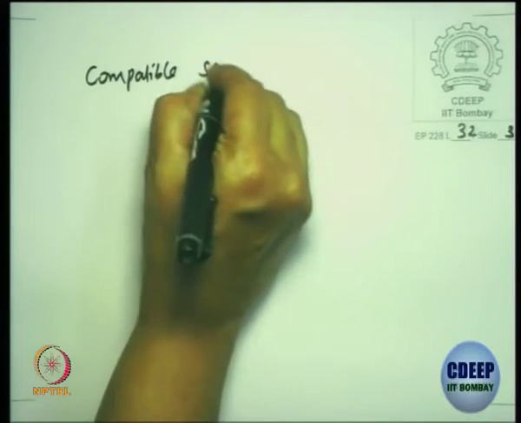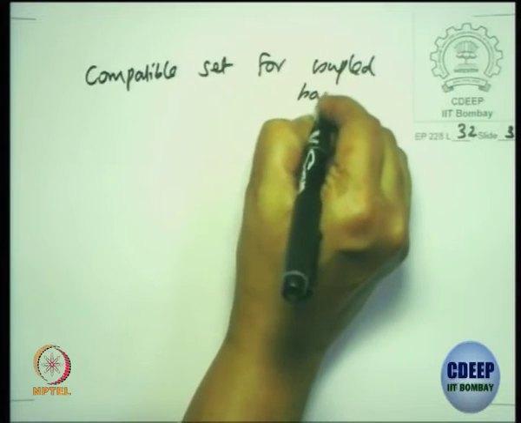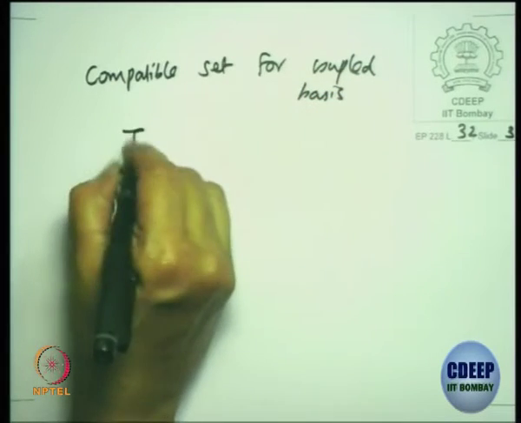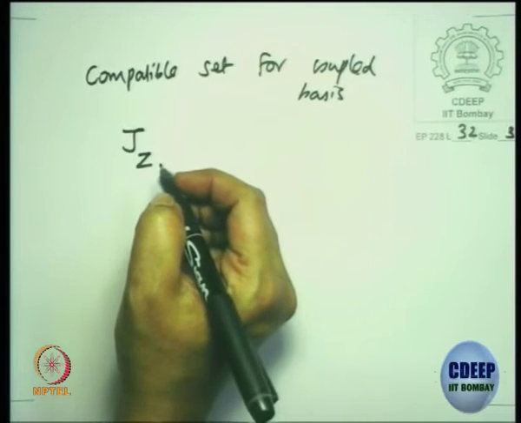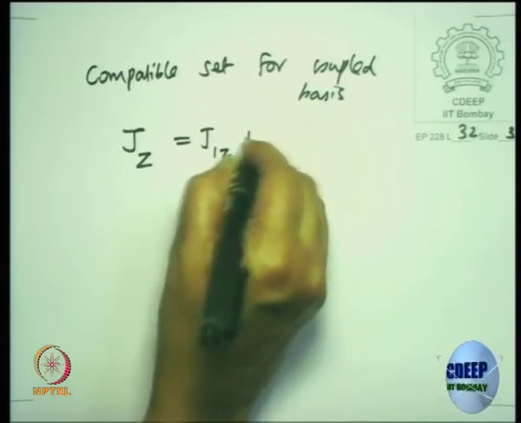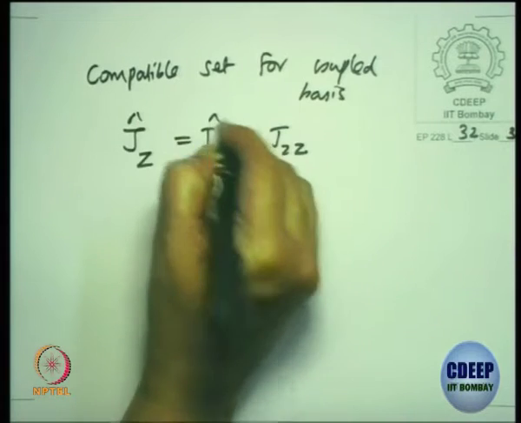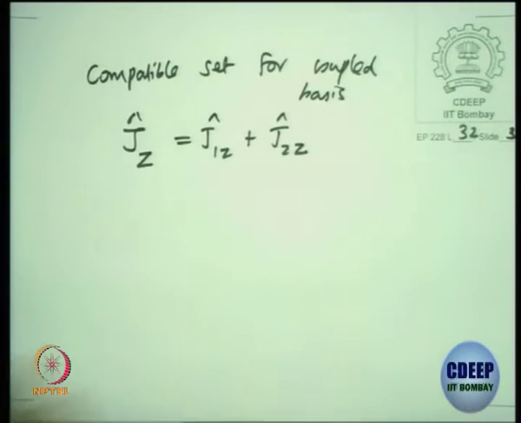So what is the compatible set for coupled basis? For coupled basis is the total Jz, which formally you can write as J1z plus J2z, but you should remember appropriately how you should operate.